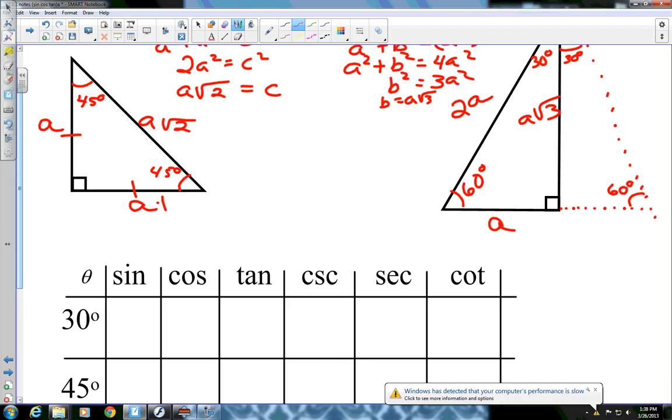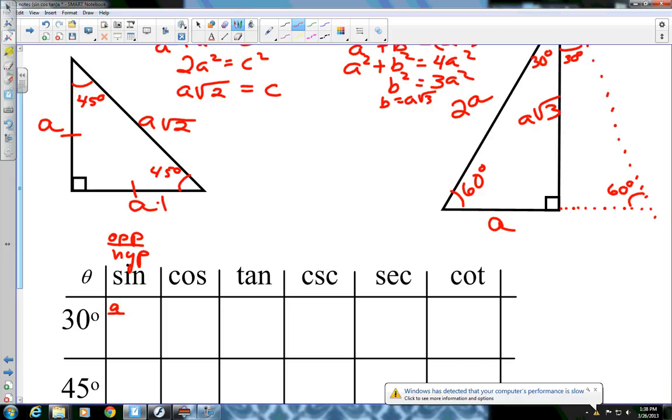So, 30 degrees. If I am looking at the sine of 30 degrees, I know the sine is the opposite over the hypotenuse. So I come over here to the 30, 60, 90 triangle. Opposite the 30-degree angle is an A. The hypotenuse is 2A.